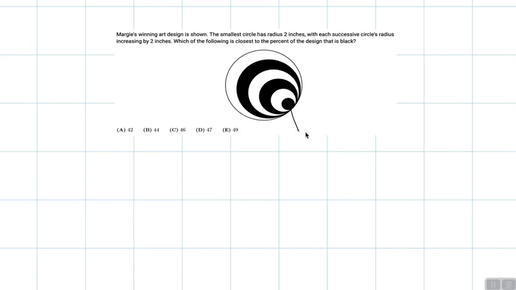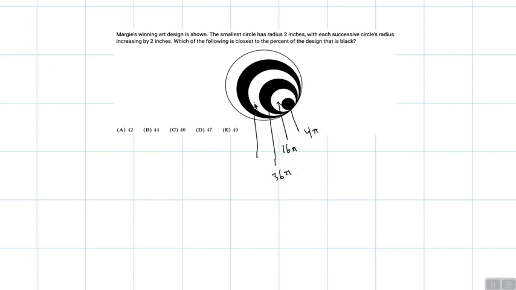pi r squared, 4 pi. This white circle is, so radius increases by 2, 4, 16 pi. Then this circle in black goes from 6, so 36 pi.